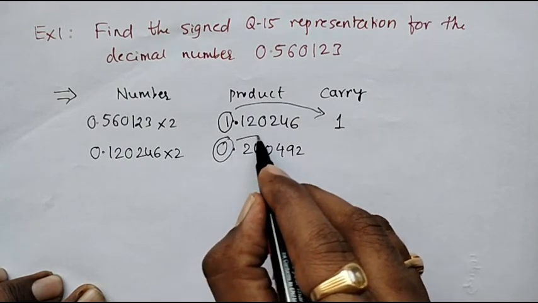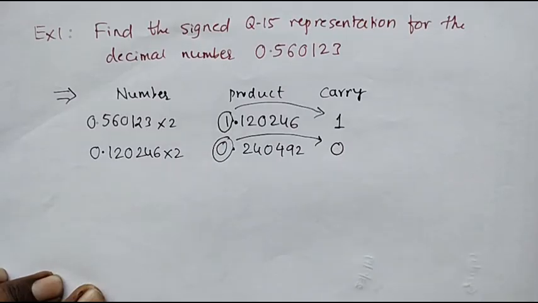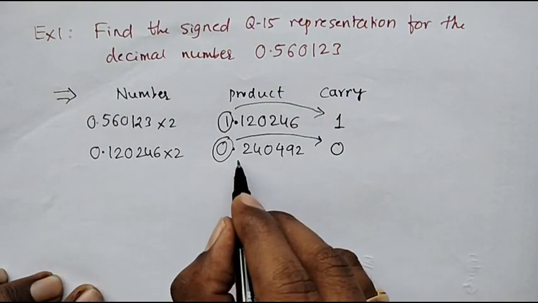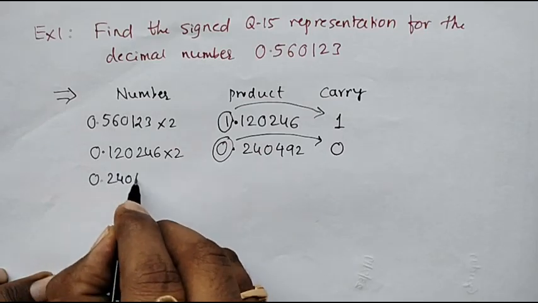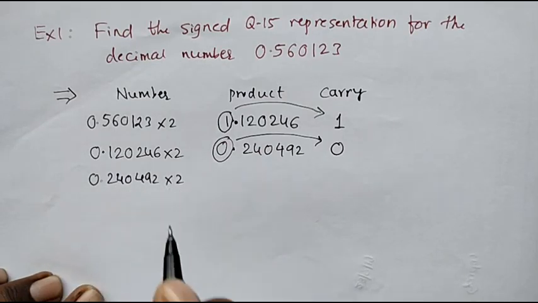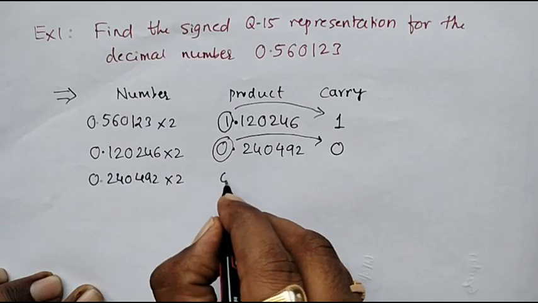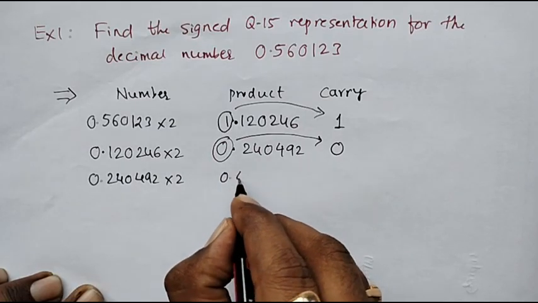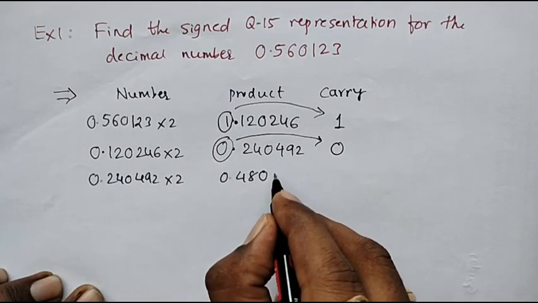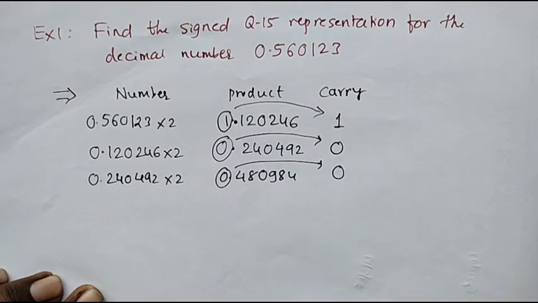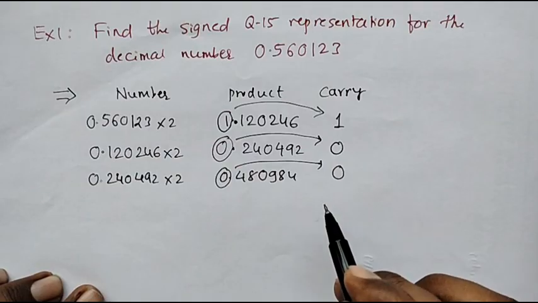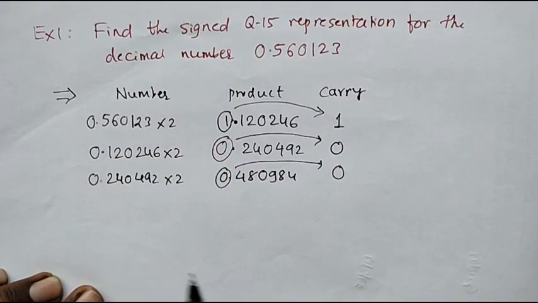Here the carry is 0. Similarly, multiply the remaining fraction part, 0.240492, with 2, and we get 0.480984, that is carry 0. This process should be continued 15 times.